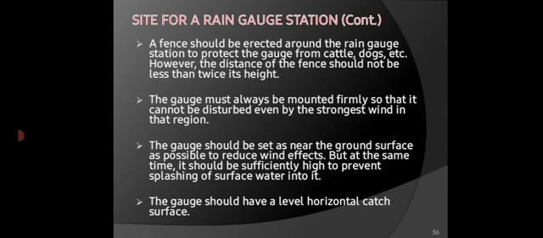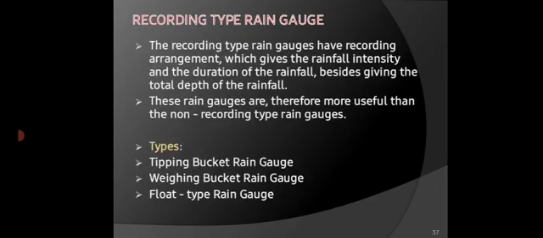The gauge should be set as near the ground surface as possible to reduce the wind effect, and the gauge should have a level horizontal catch surface. So these are the precautions to be taken before installing the rain gauges.